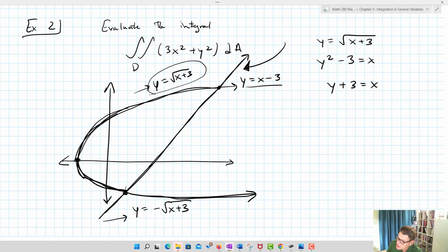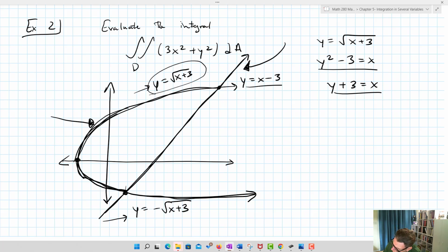Call that our H2, and here is our H1, because the furthest left curve is x equals y plus 3, and the furthest right curve is x equals y squared minus 3. They're both consistent: consistently the furthest left, consistently the furthest right. So in this case, it makes much more sense to do a type 2.